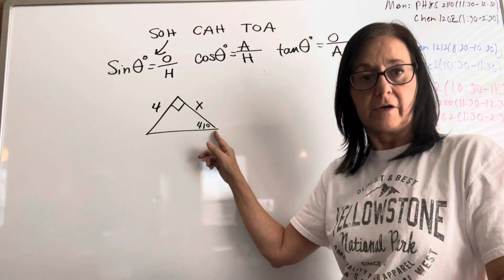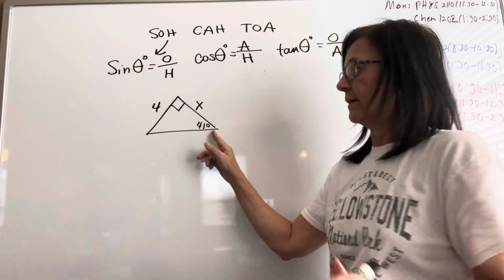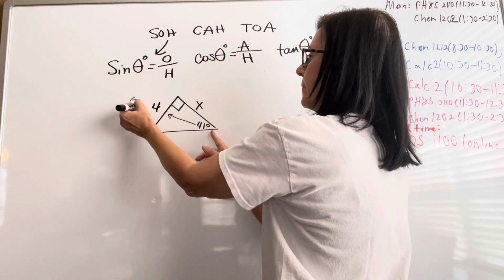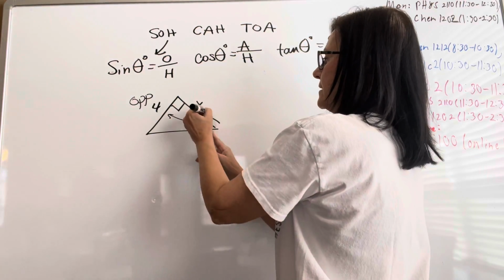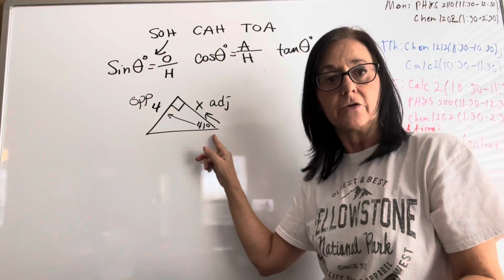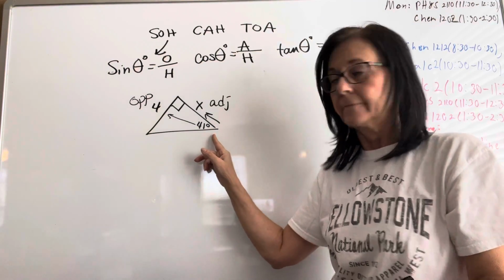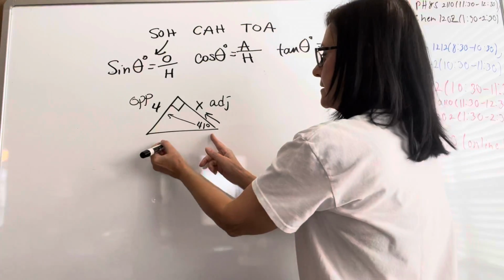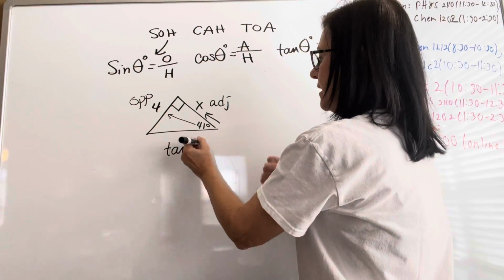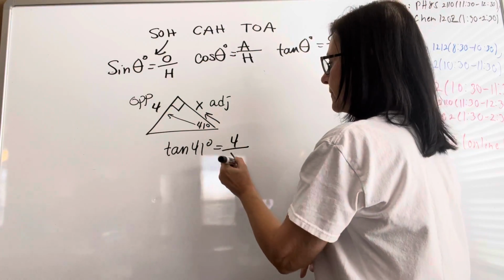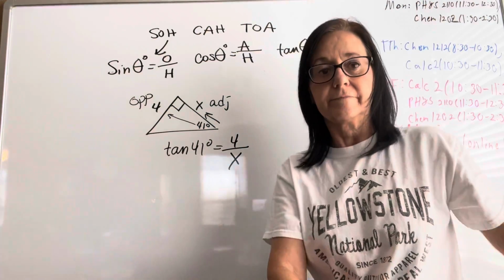I'm only using the parts that are given. There's my right triangle. That is the opposite. This is the adjacent, so it tells me what I'm going to use, the tangent, because I have the opposite and the adjacent sides. So the tan of 41 degrees equals opposite over adjacent.